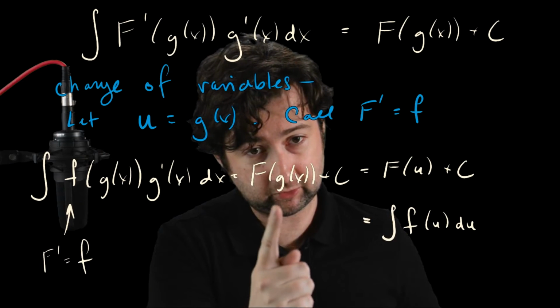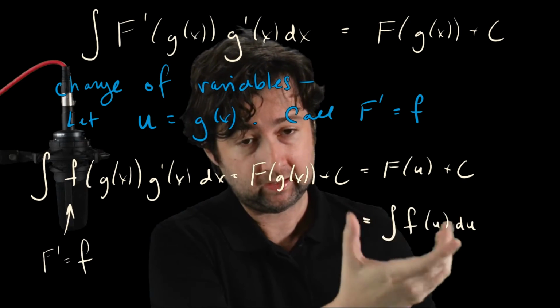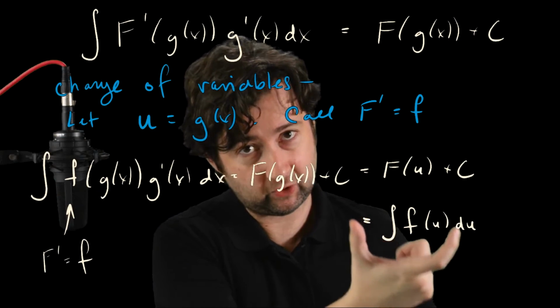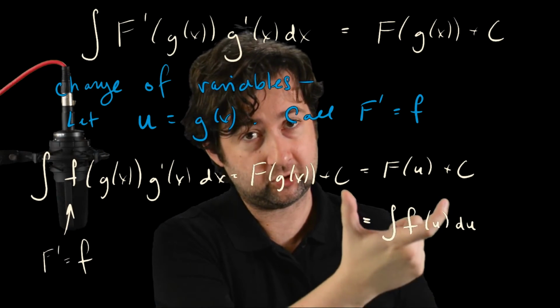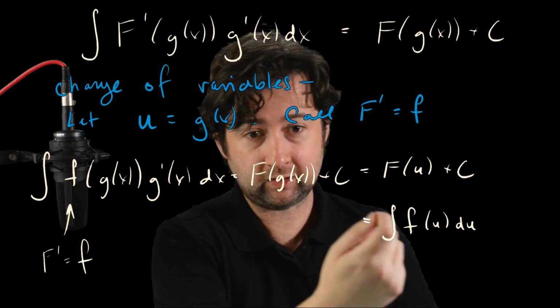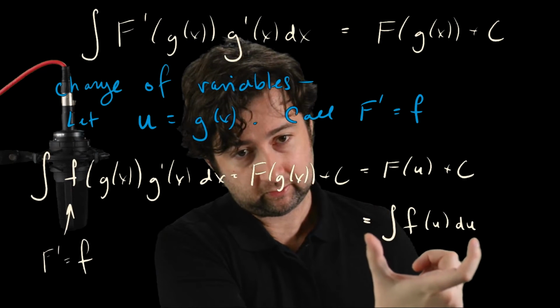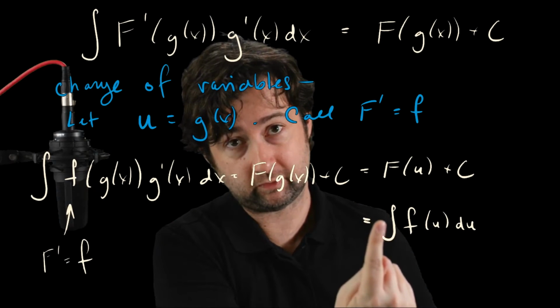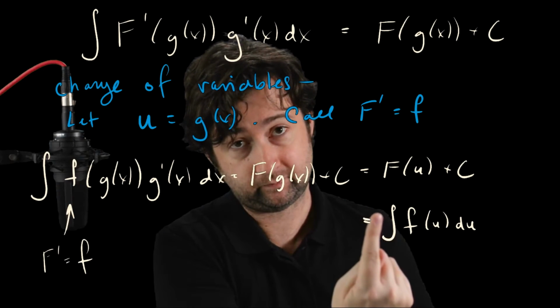So that is the substitution step right there. And what that gives me is another way of identifying when I'm looking at a function that is the result of a chain rule. If I can make this substitution, then that lets me undo the chain rule in a way where I can just calculate the antiderivative of little f.